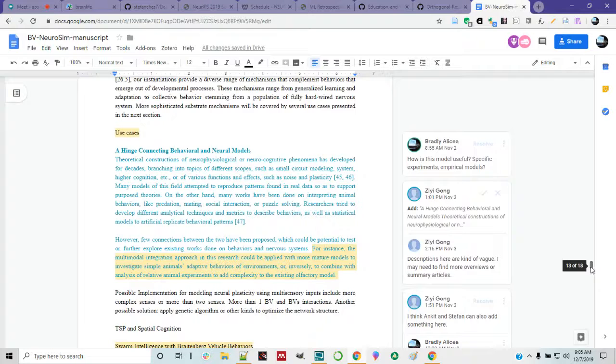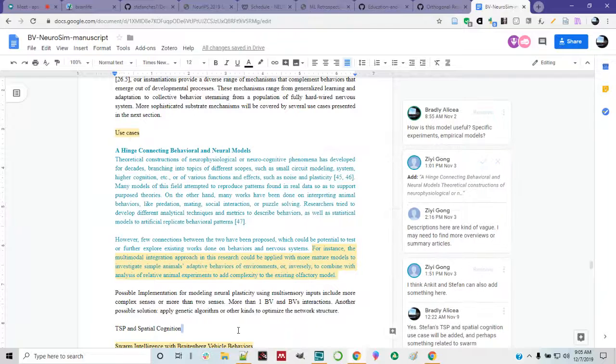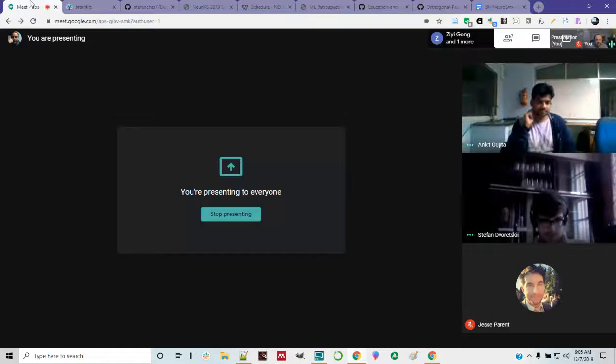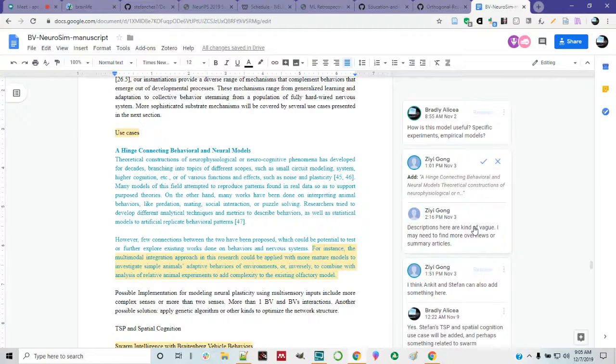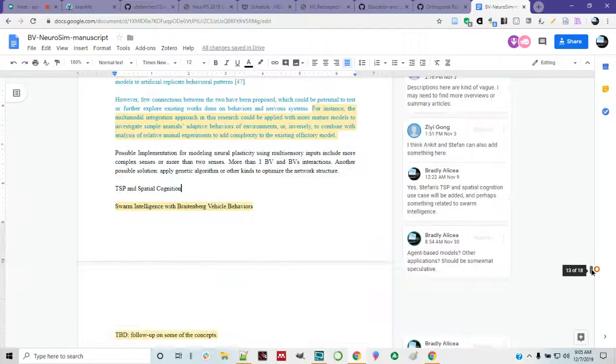Ziyi provided a use case. We might include the use case that Stefan mentioned at the INCF conference, the TSP and spatial cognition use case. And then maybe a use case from Ankit's work. Again, I think we've talked about use cases.